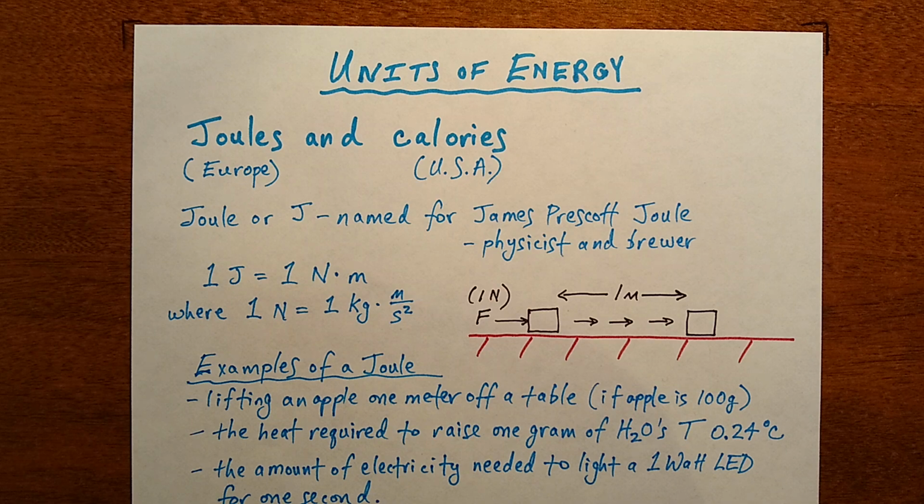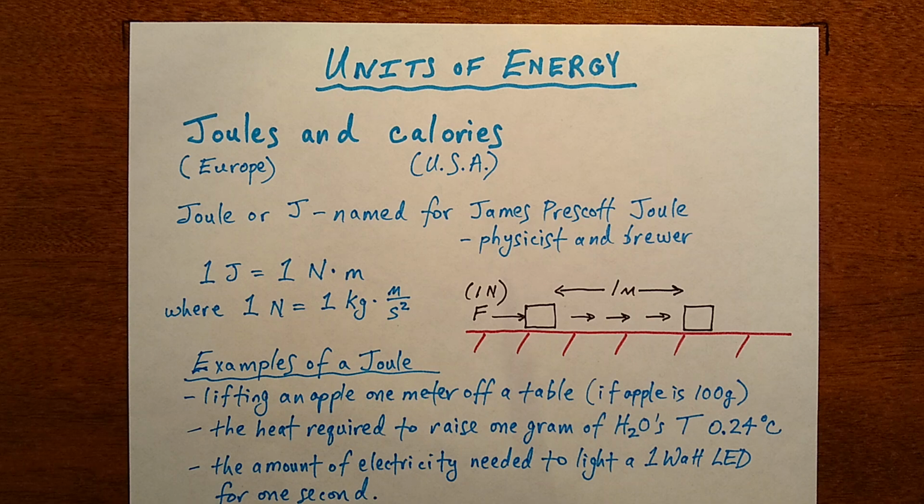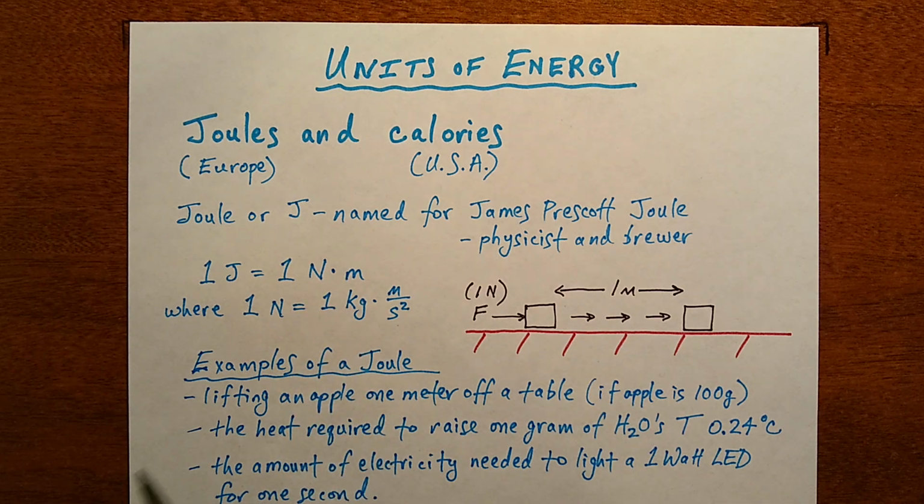And in the United States, we use calories, as you know. But if you ever took physics, you probably learned that a joule is defined in units of Newton meters. Now, I know this is not a physics class, so don't worry too much if you're not grasping this, but I just want you to know where these units come from.